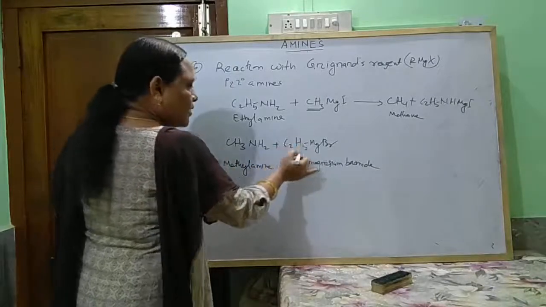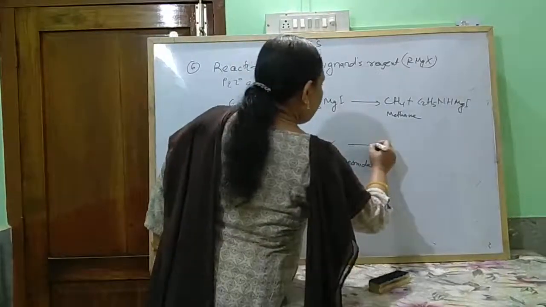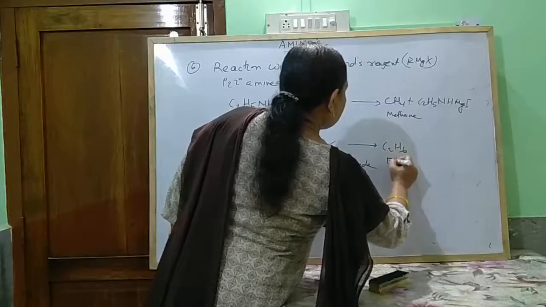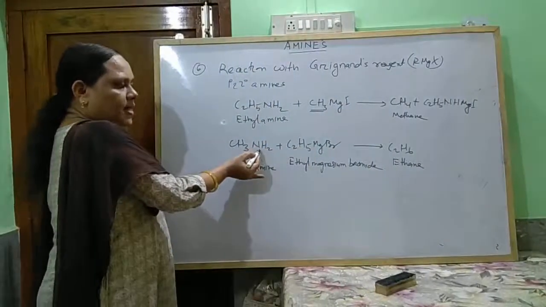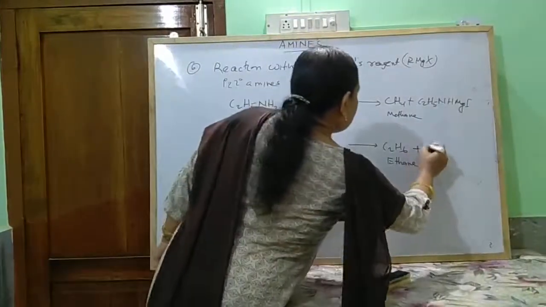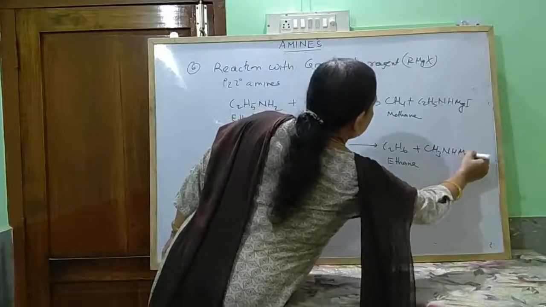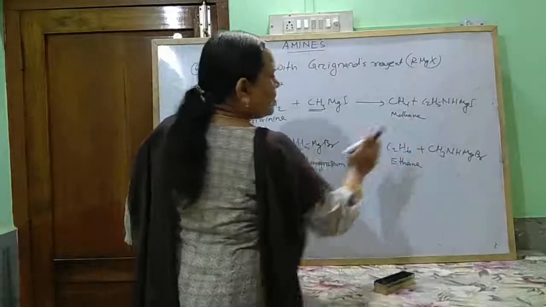What is the alkyl group here? That only gives alkane. So here it gives C2H6, ethane. This alkyl part reacts with hydrogen to form alkane plus side product CH3NHMgBr, methylamine magnesium bromide.